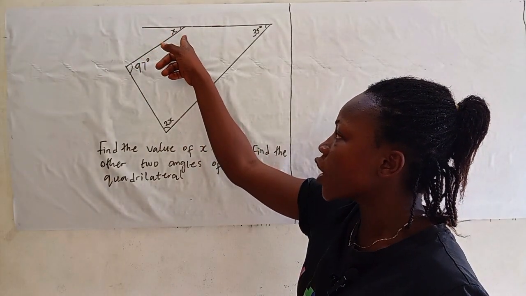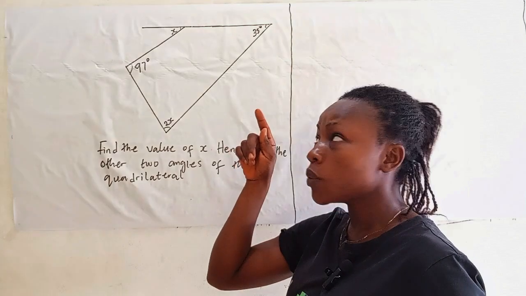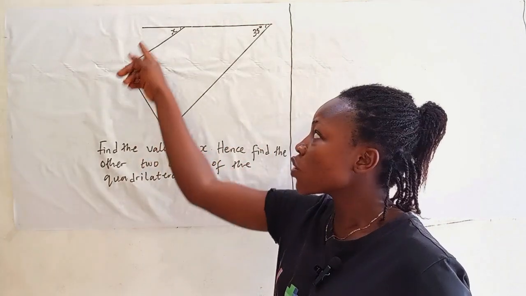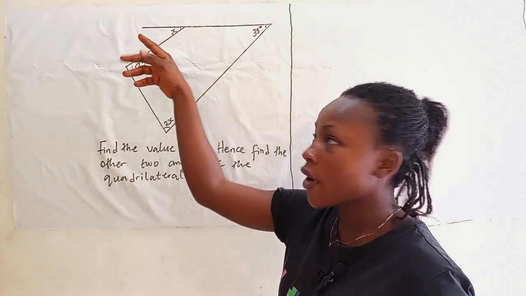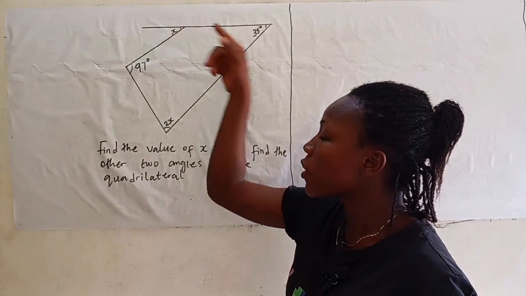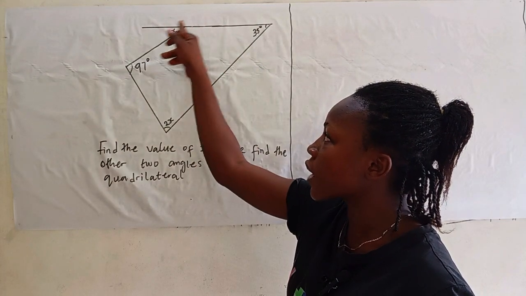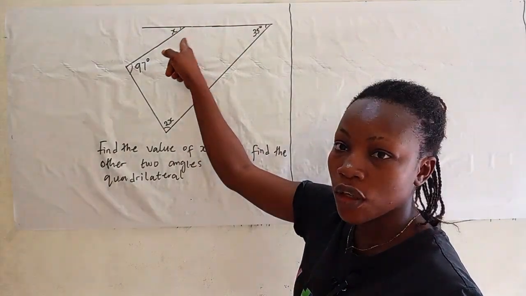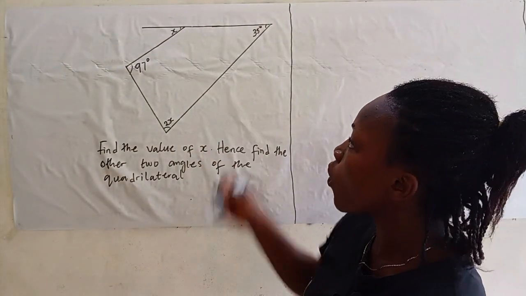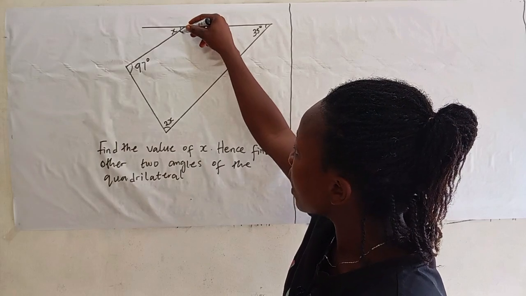So we do 180 minus x. So that 180 is the sum of angles on this line. All right, so once we minus this x from that 180, we'll be able to find the value of this angle.